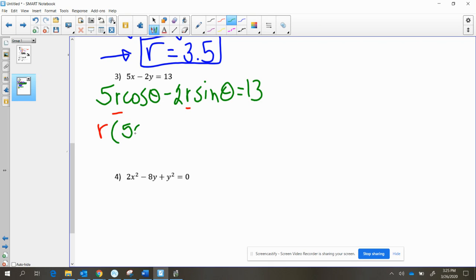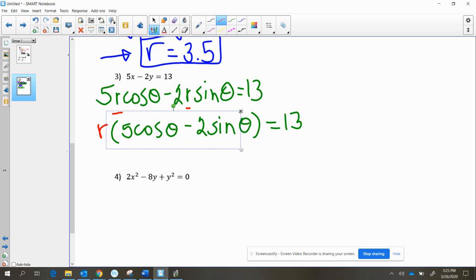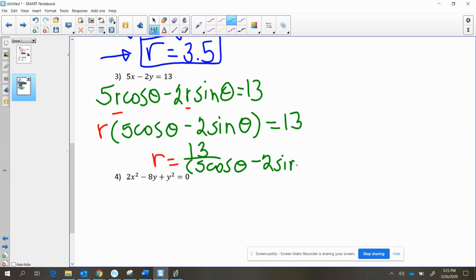So we can factor out r, and we are left then with 5 cosine theta minus 2 sine theta equals 13. Last but not least, when we get something into polar formatting, our goal is to get r by itself. So what we're going to do is take that 13 and divide it by all that stuff on the left-hand side that was in parentheses, so that we get our final answer, this line.